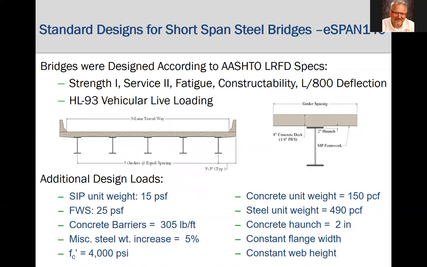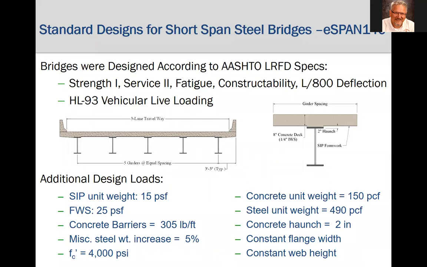The AASHTO load and resistance factor design specifications have several design limits that need to be checked. The standard designs were developed to meet the Strength 1 safety design limit, the Service 2 and live load deflection serviceability limits, fatigue limits, and the constructability requirements for the construction of the bridge.